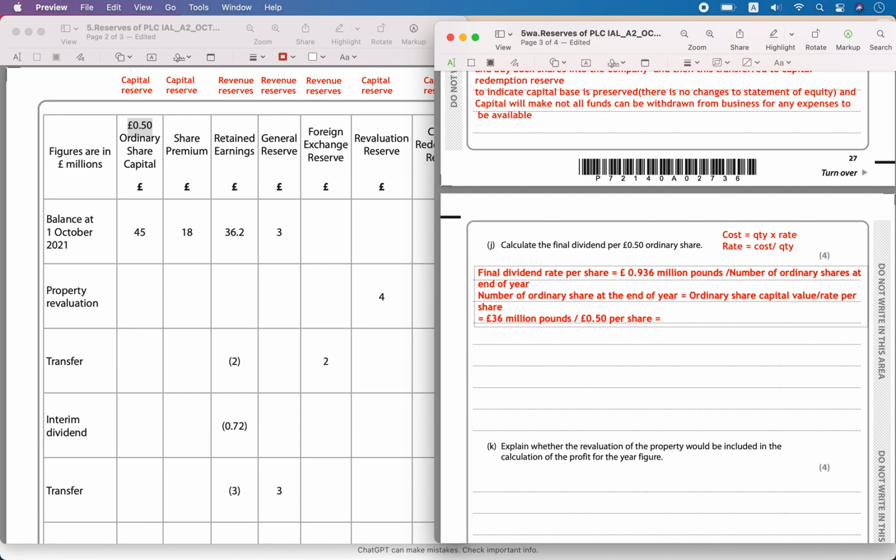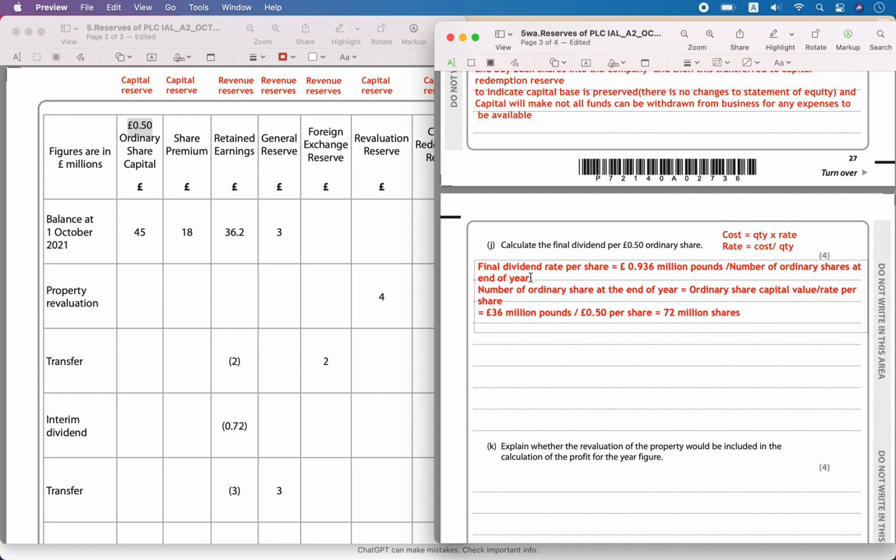So 36 divided by 0.5 is 72 million shares. So 72 million shares were there at the end of the year.